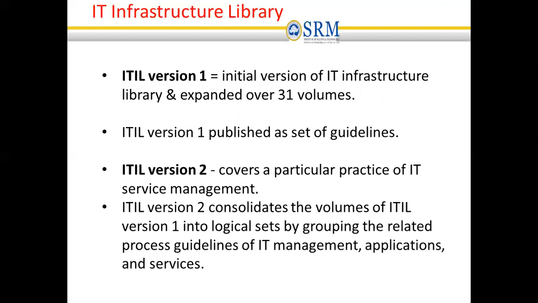ITIL version 1 is the initial version of IT infrastructure library, which has now expanded over 31 volumes of books. At the beginning, ITIL version 1 was projected as a set of formal methods. Then later, it was conceived as a set of guidelines.